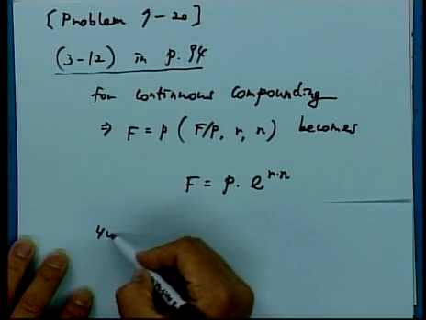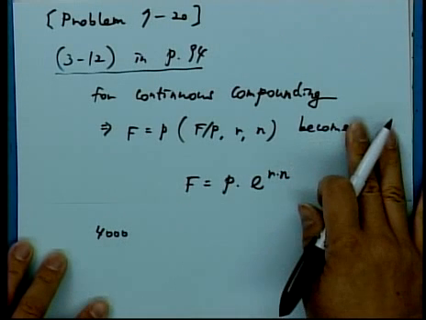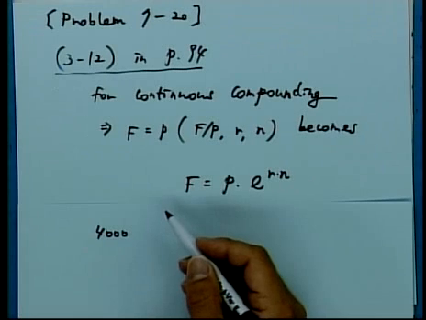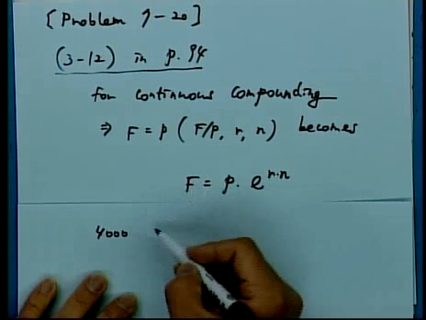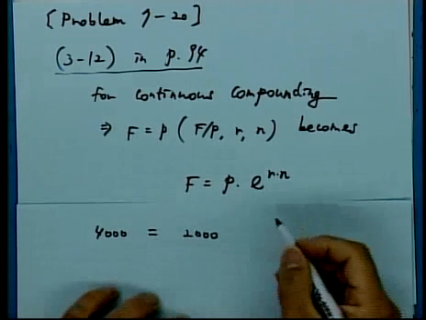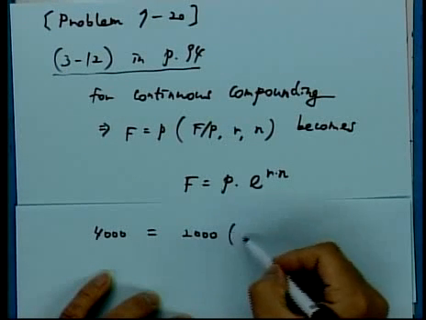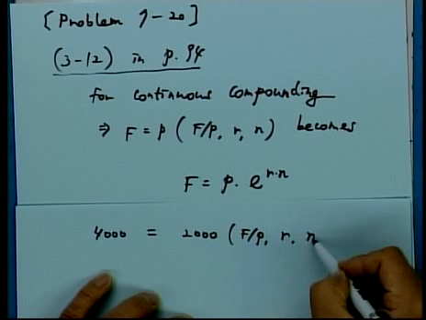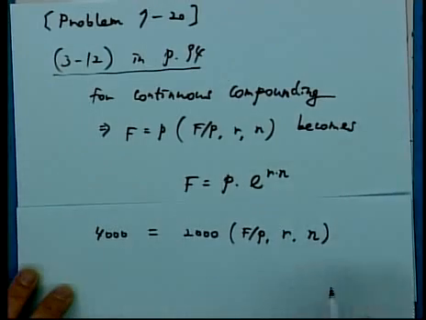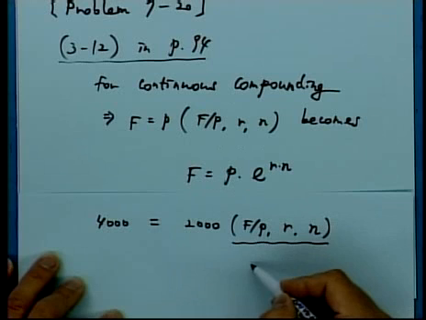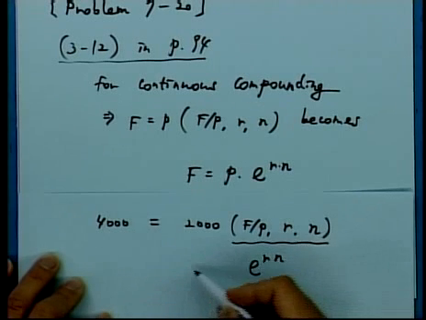$4,000, because the bank says $2,000 left in the bank for 9 years will double to $4,000. So 4,000 equals 2,000 and F given P, R over N. And for continuous compounding, this becomes e to the power Rn, right?